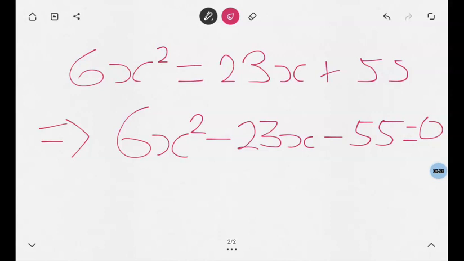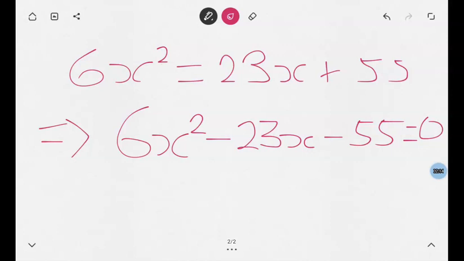So you have 6x squared minus 23x minus 55, and this will be equal to 0. Then make sure you equate everything to the constant, that is the 55.